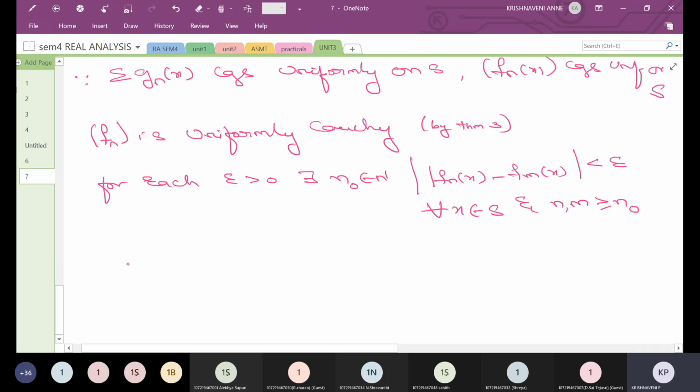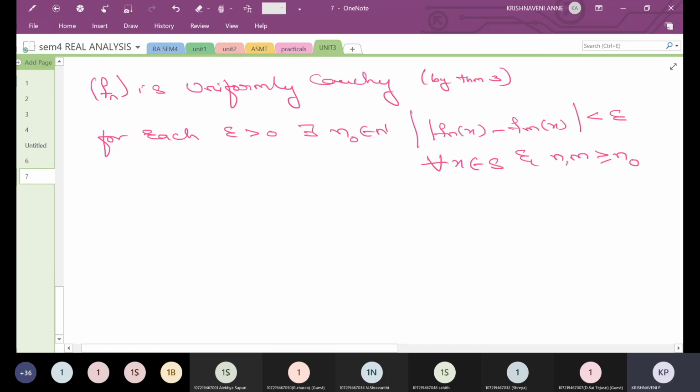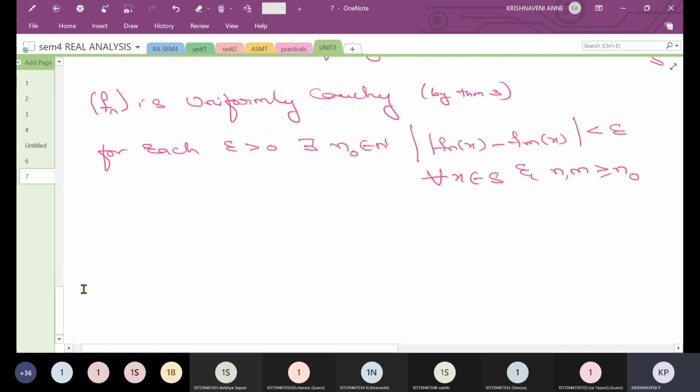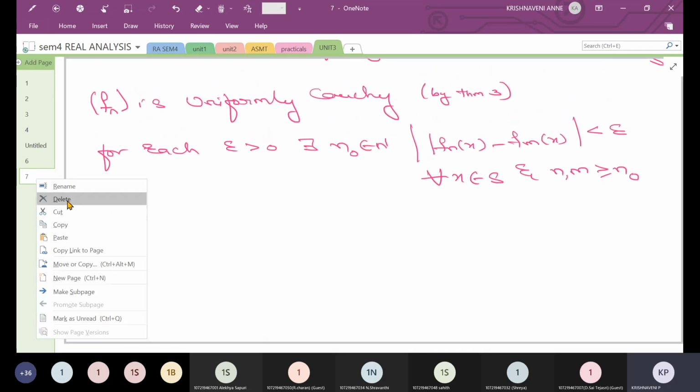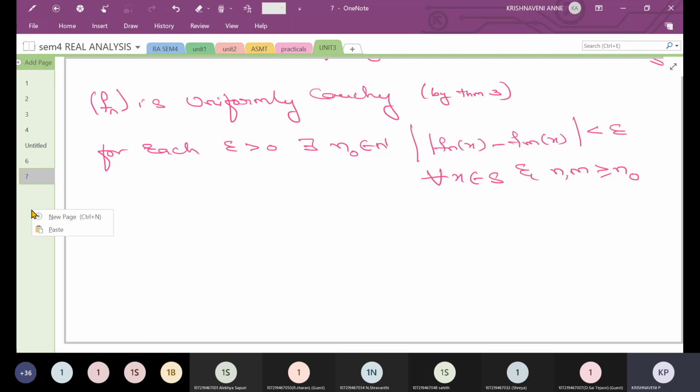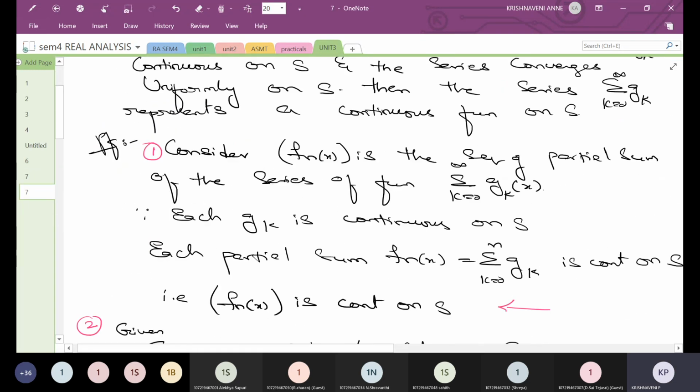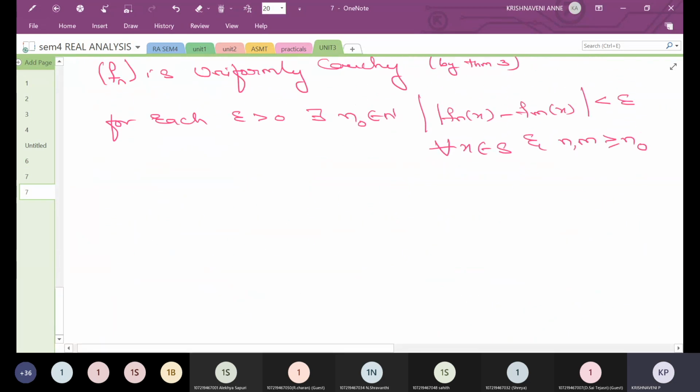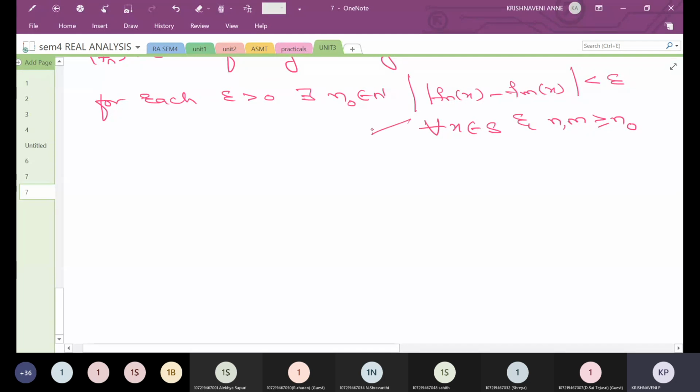Now what I will do, I will write what is the value of mod Fn of x minus Fm of x. One minute, I will take another sheet. Okay, now just listen here. I'm taking n greater than m. So what is Fn of x?